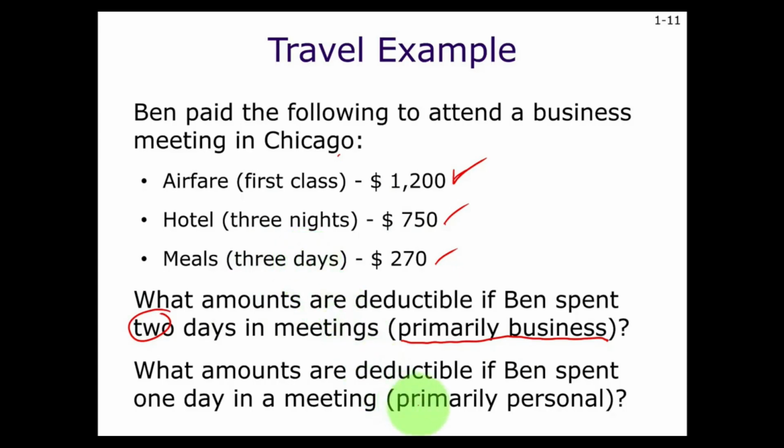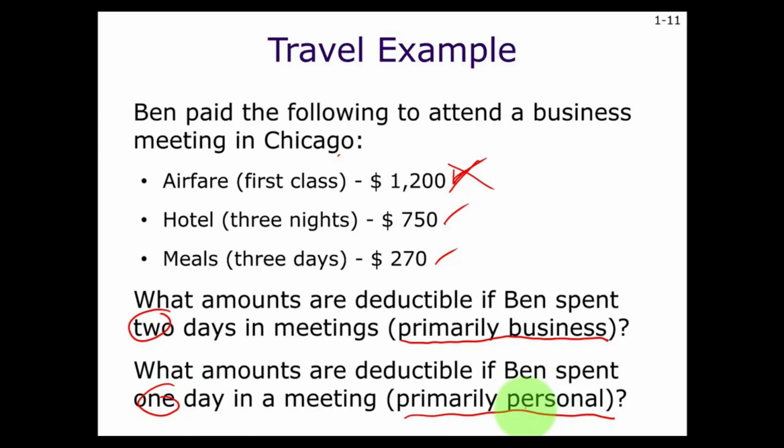Now, if the primary purpose was personal, none of the airfare is deductible. Just one day for the hotel. 90 times 50% for 1 day of meals. Now, it's not real strict in terms of saying if 1 of 3 days is business, then the primary purpose is personal.